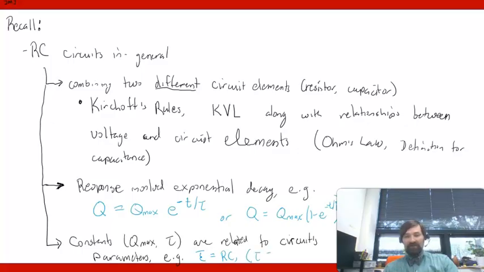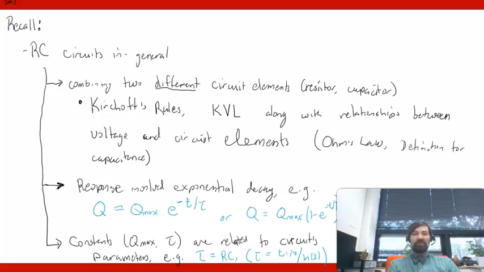So tau was equal to the half-life divided by the natural log of 2, for example. And we could continue recalling other points about the RC circuits, but I don't really want to do a long rehash of everything we did with RC circuits.